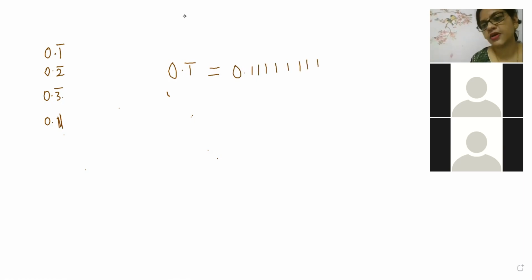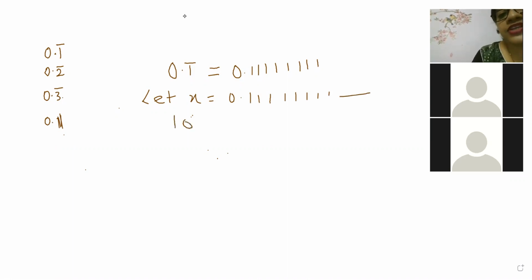How to stop it? So what will we write? Let x be equal to 0.11111111. Okay, then multiply 10 on both sides. Take this as equation 1.